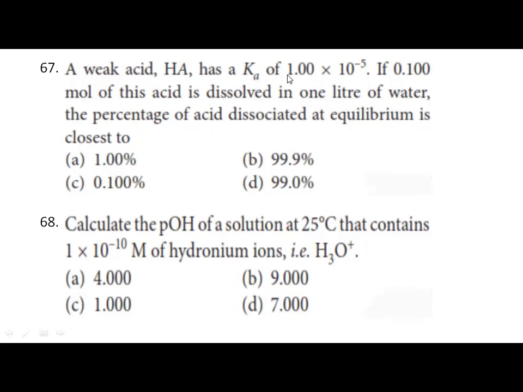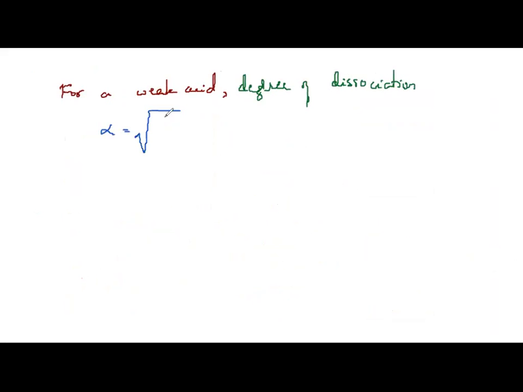For a weak acid, how do you write degree of dissociation? Alpha is equal to root of, it is a weak acid, Ka by C.